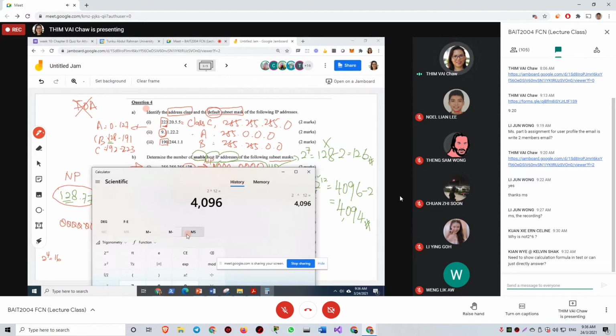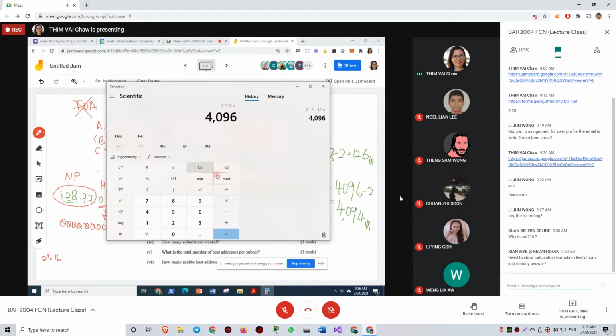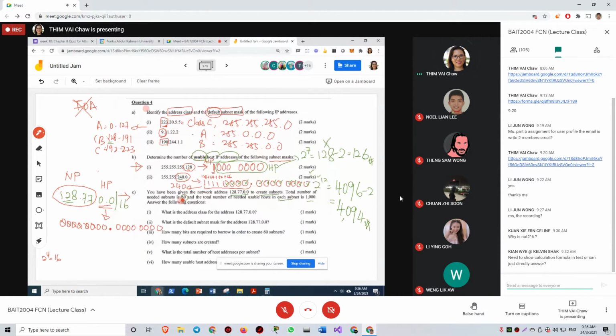If you use 2 to the power of 6, I get 64 subnets. That's already enough, because you only want 60.